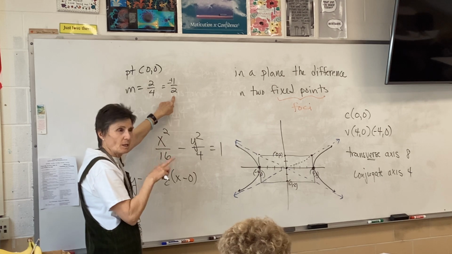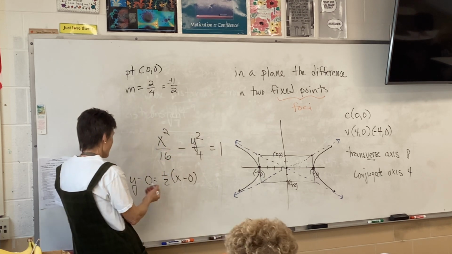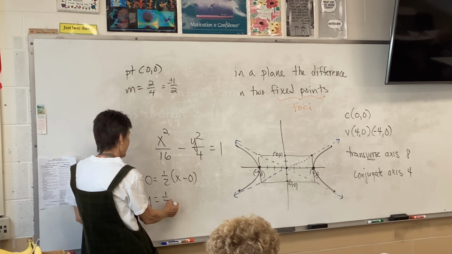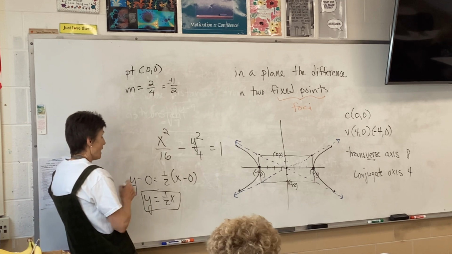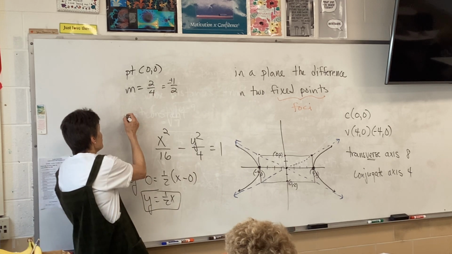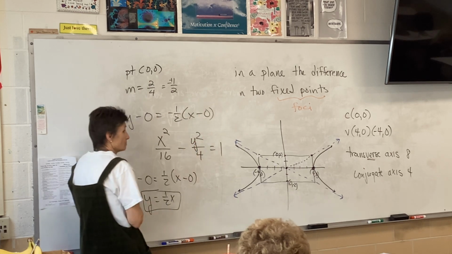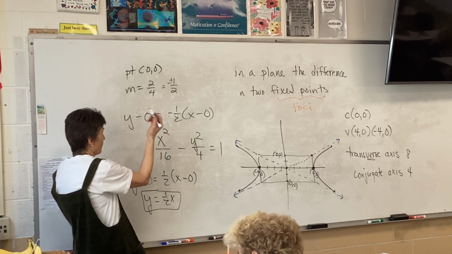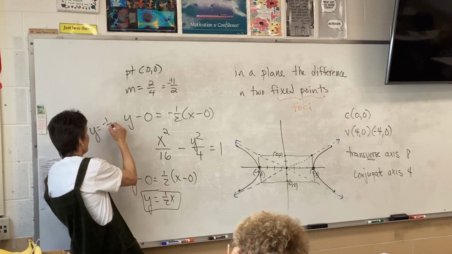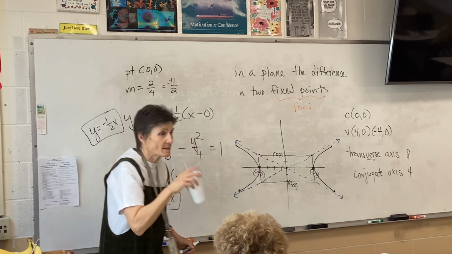I have to do two separate lines. x minus 0, so that's just y equals 1/2 x, isn't it? And then I'll repeat using negative 1/2. Since those are zeros, that one's just negative 1/2 x. There are the equations of my asymptotes.